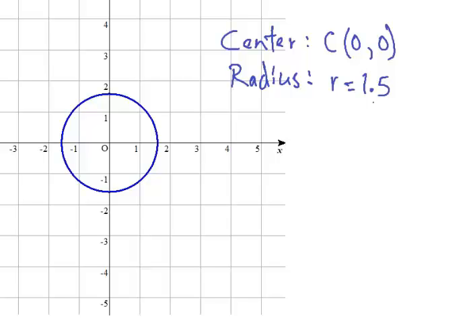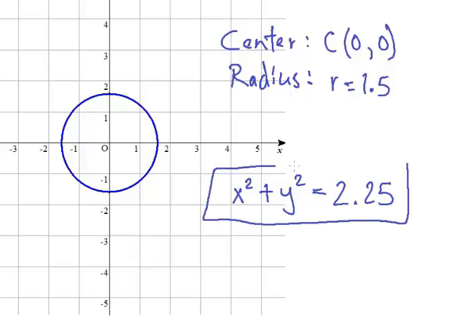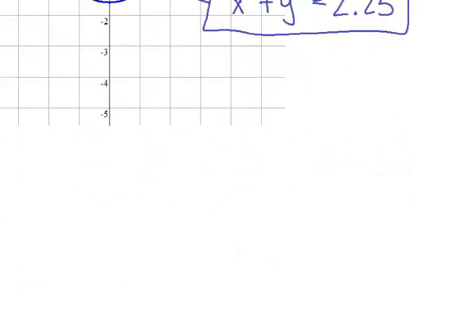Having that in mind, I know that the equation would be x squared plus y squared, because it's 0, 0, equals, I need to square this 1.5. 1.5 squared would give me as an answer 2.25. And that will be the equation of the circumference. The equation of that drawing is x squared plus y squared equals 2.25.